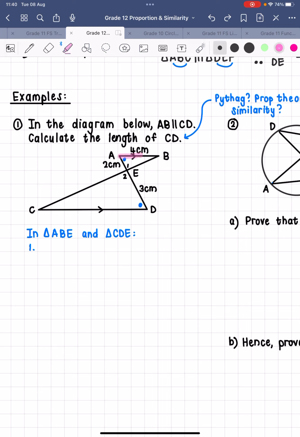We have that Z shape there. Right, so angle A is going to be equal to angle D. The reason is alt angles, and please remember you have to write AB parallel to CD.